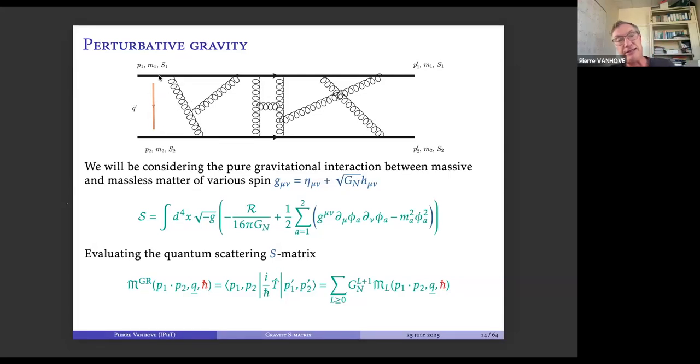They interact gravitationally, but the energy that is transferred is through the massless particle, that is the graviton. So in a sense, you are going to be in a regime where you have a very small energy that is exchanged.